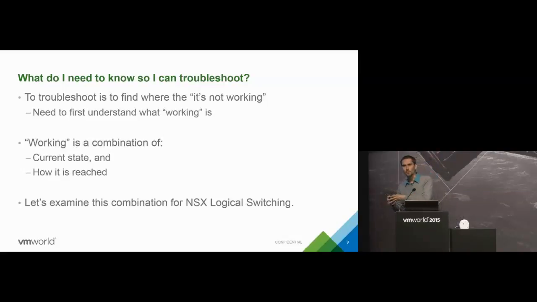When something is not working, you need to have a clear idea of what it means that it's not working, which means having a fairly good idea of what working means. And that working is a combination of the actual state and how that state was achieved. So we'll look at this combination for logical switching.